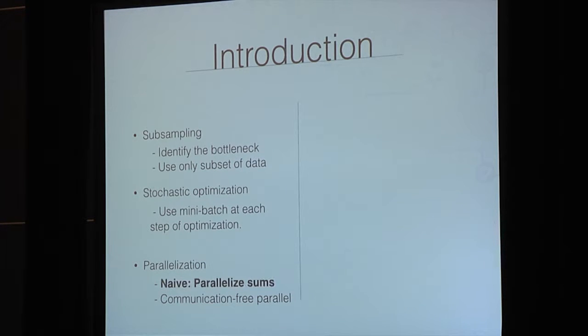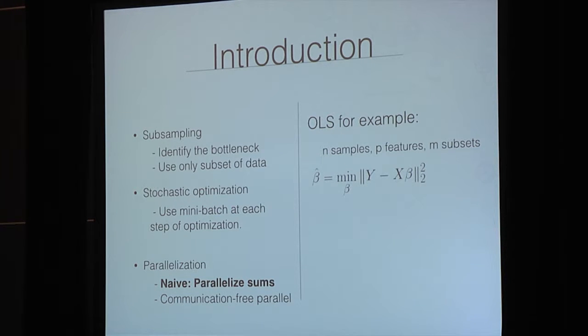Let's look at a simple example. Suppose you're doing a linear regression, where beta is the coefficient parameter, x and y are the data set, and you are going to find the coefficient that minimizes this objective function. Now suppose you are using the gradient descent algorithm. That is, you update your parameter according to this formula at each iteration.